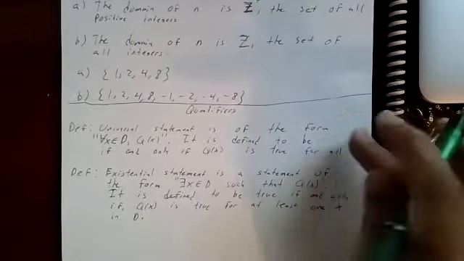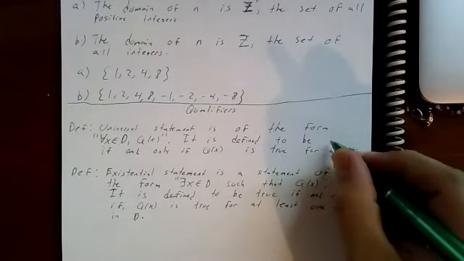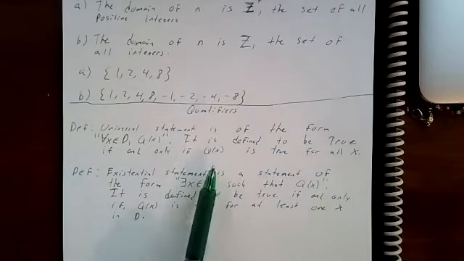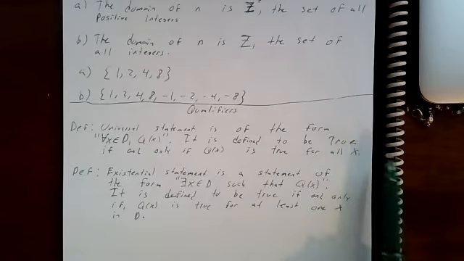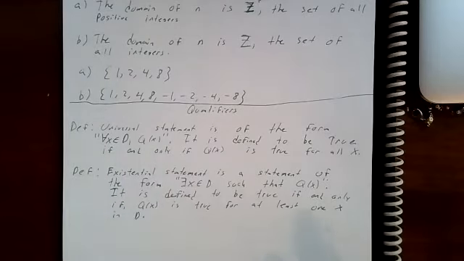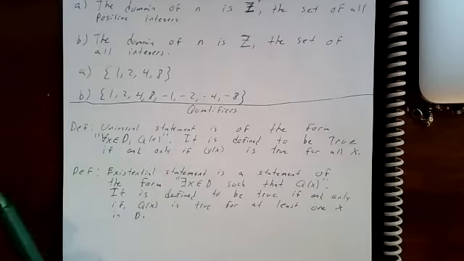So it needs to be true for all x in the domain. It is true if and only if Q of x is true for all x. So if there's one x that makes this statement false, one x that goes against the statement, then the entire universal statement is false.